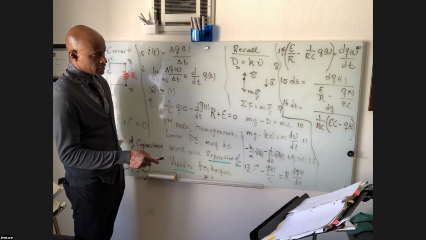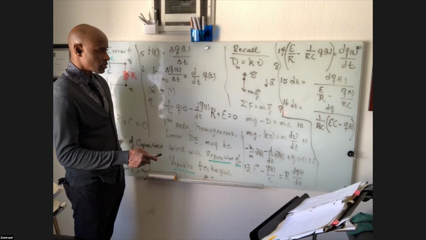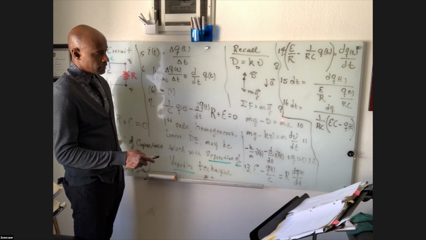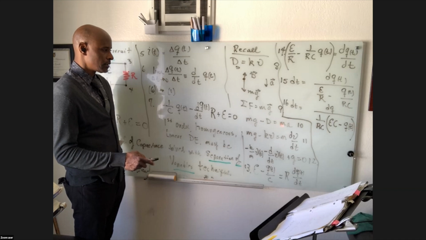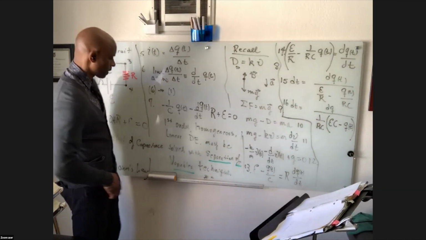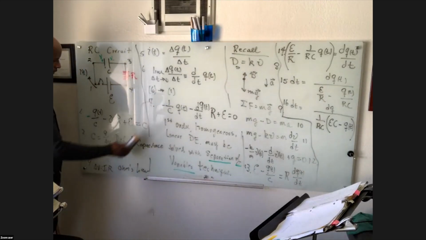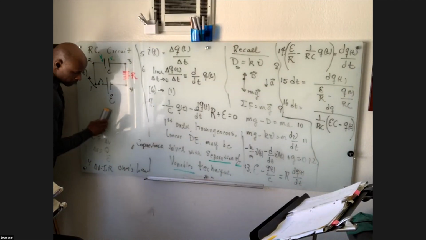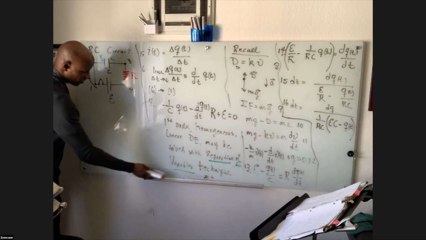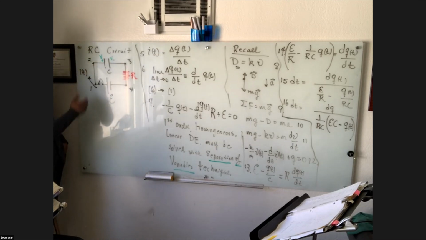And so I need to get this RC over on the other side. So if I then multiply through by 1 over RC, I'll bring it back over here. Multiply through by 1 over RC, then I will have all of my variables separated. I'm going to keep the picture there.